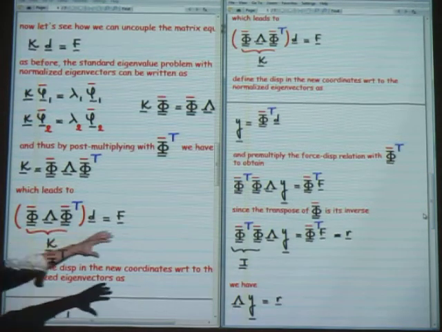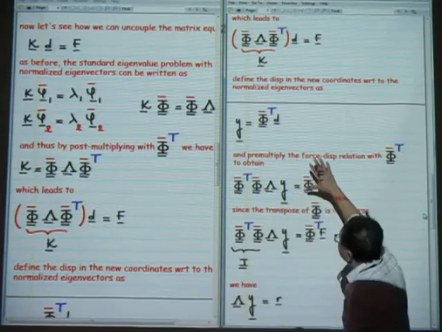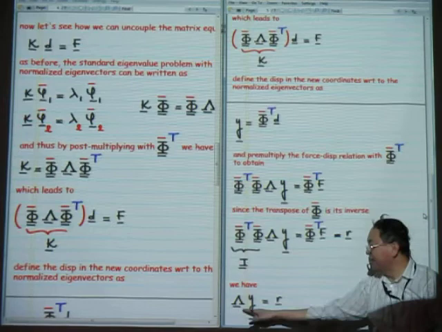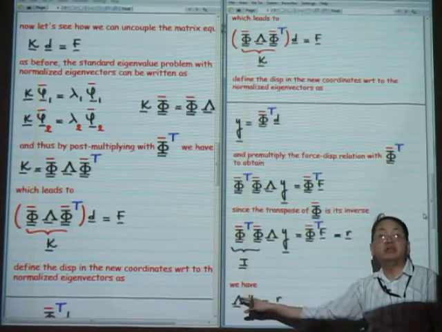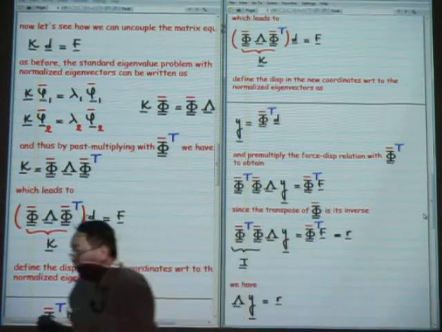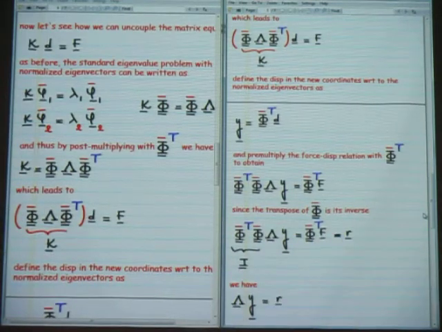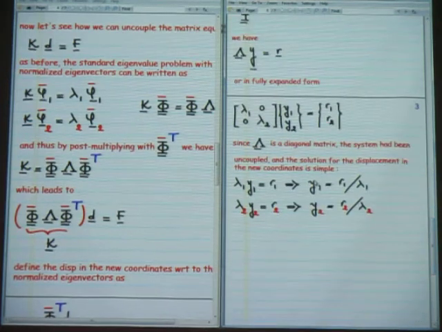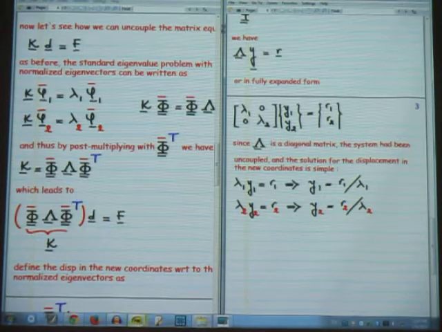I will not go through this because I already explained. Then you can uncouple that system. This is the uncoupled system here, because lambda is the matrix of the eigenvalues, and that's diagonal. Once you have that new uncoupled equation, this is how you solve. So that's the motivation for why you use the eigenvalue problem: to uncouple the system. Now, like I said, for statics it's easy, but not so for dynamics.